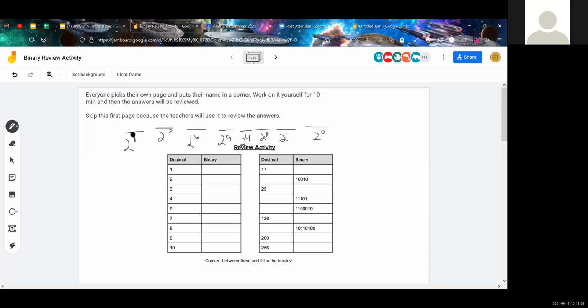It's okay if you're not close to done, if you're halfway done, as long as you're working on it, that's good. And also this Jamboard will be available to you even after this class, although it might get erased.